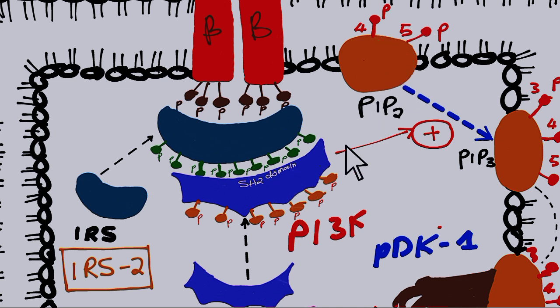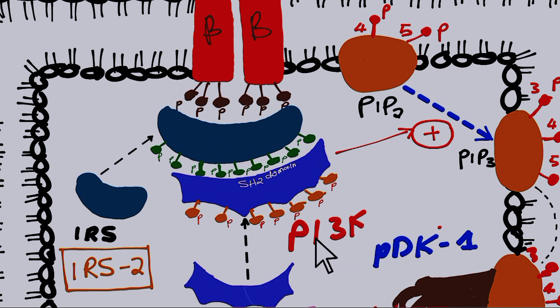So now, the PI3K enzyme is called phosphatidylinositol 3 kinase because this enzyme is going to add a phosphate group at carbon number 3. You should know that kinases, enzymes, they do what? They phosphorylate or dephosphorylate. So this enzyme is going to phosphorylate PIP2 at carbon number 3 so that it becomes PIP3.